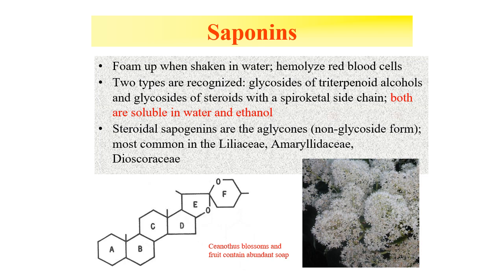Now, saponins are steroid glycosides of a certain type. You can see their structure there with the oxygen heterocyclic ring. This saponin glycoside is found in ceanothus, and it's found in soy, and it's found in ginseng as well. When you take ceanothus blossoms and rub them between your hands with water, you can get abundant soap.